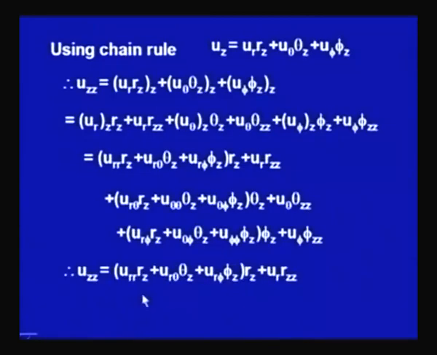So finally we would be getting u_rr r_z squared plus u_r phi phi_z r_z plus u_r r_zz, and then this third term u_phi r r_z and u_phi phi phi_z squared and u_phi phi_zz. This term will also go out.